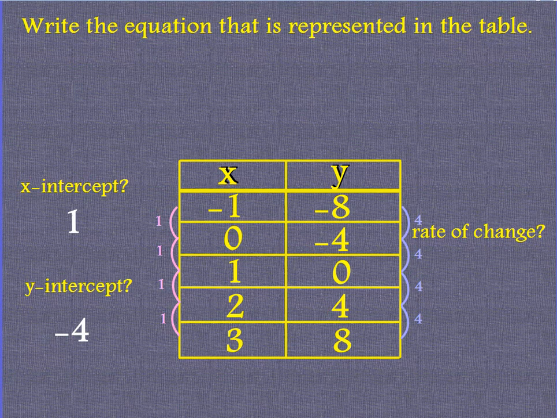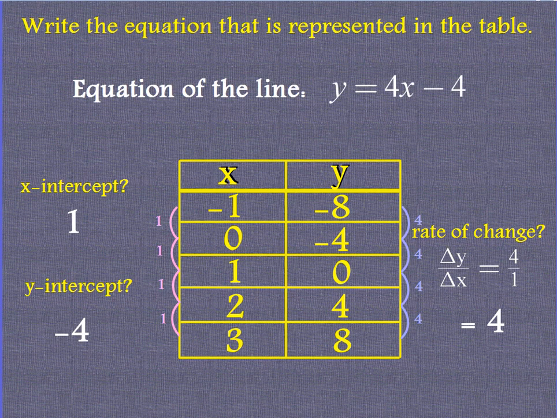If those values were not the same, it would not be an equation where we can write the formula in slope-intercept form. So again, rate of change can be defined as change in y over change in x. This time I get 4 over 1, which reduces to 4, and our slope is 4. Taking the slope and the y-intercept, we can write the equation of this function in slope-intercept form.